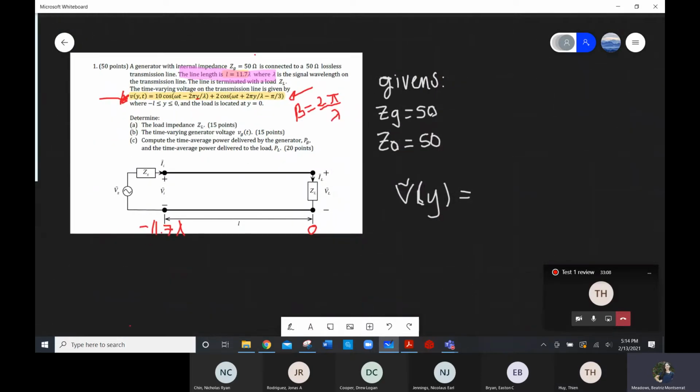So going back and forth is going to be really important on this test. So we're going to have 10. We ignore the omega t, right? That's not part of us. Minus j. Instead of putting 2 pi over lambda, I'm just going to put beta, just like Easton wrote there for you, and y.